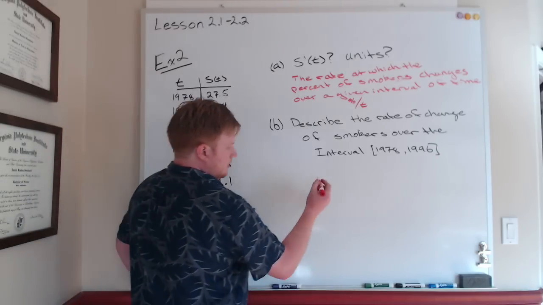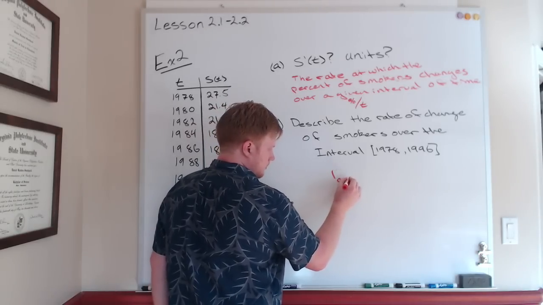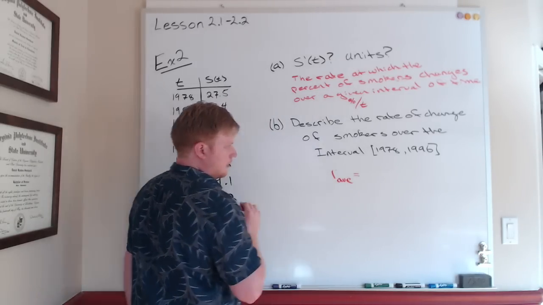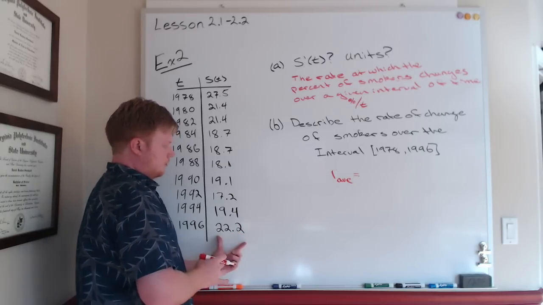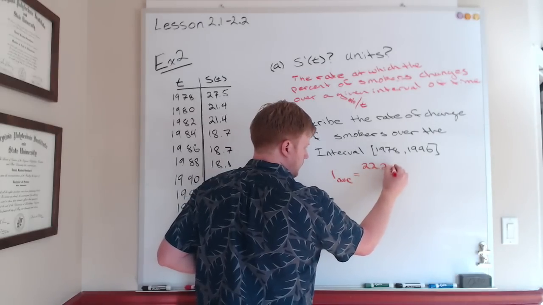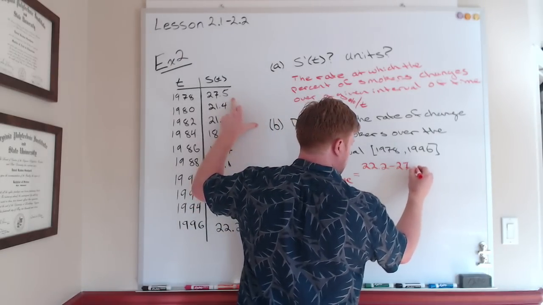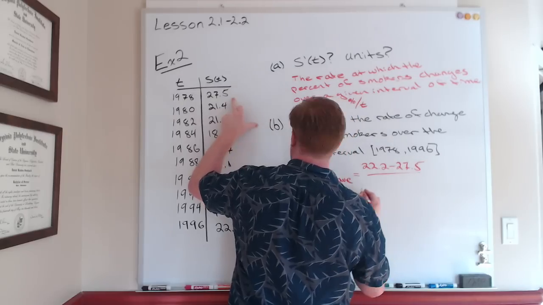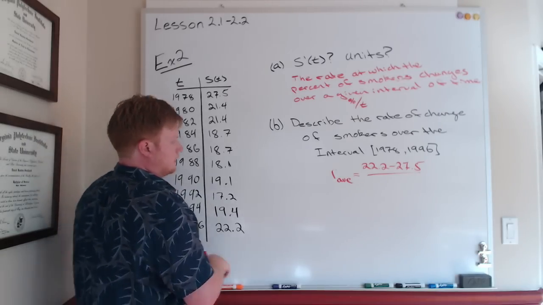Well, we're going to be using the average rate of change formula, which says that I take the y value, or the range value of the endpoint, minus the initial, and divide by the time interval, 1996 to 1978.